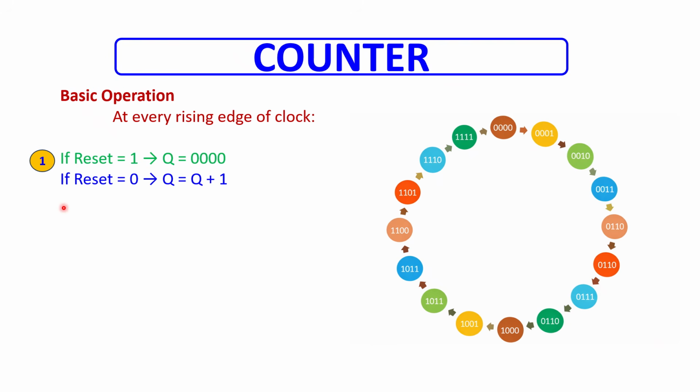And then if reset is equal to 0, the counter starts its operation. That is, it increments by 1 and stores the value in q. Look at this, after reset is 0, it starts and increments by 1 in every step. So this is the first point you have to keep in mind: if reset is equal to 1, the counter clears. If reset is equal to 0, the counter increments by 1.